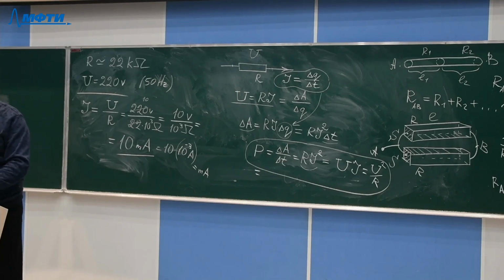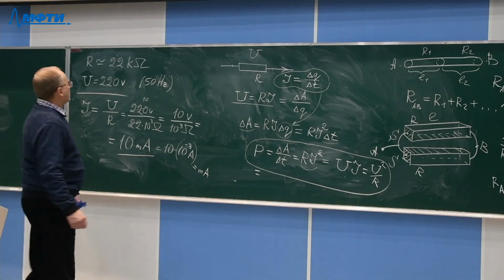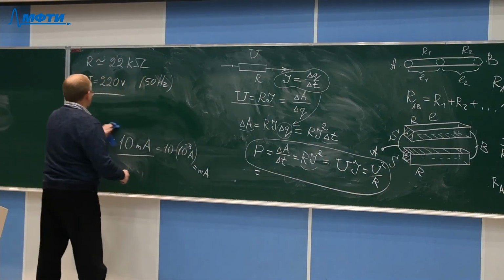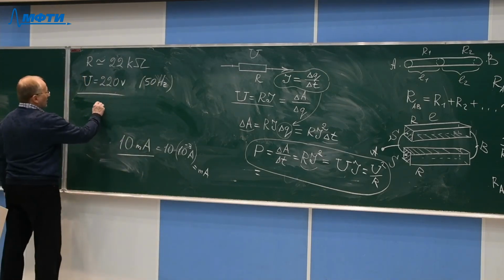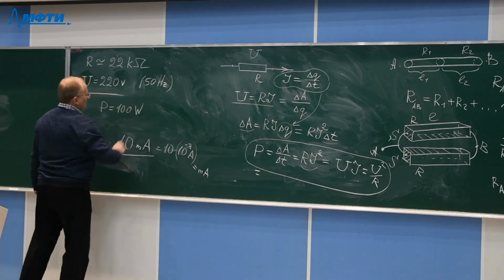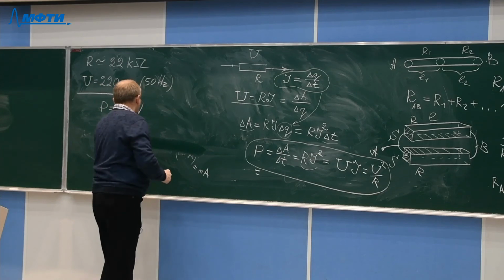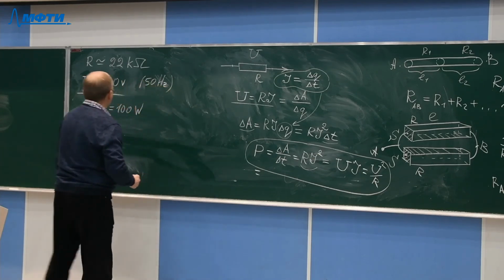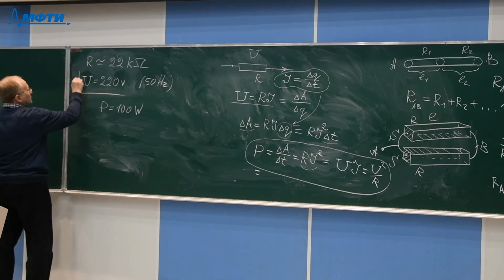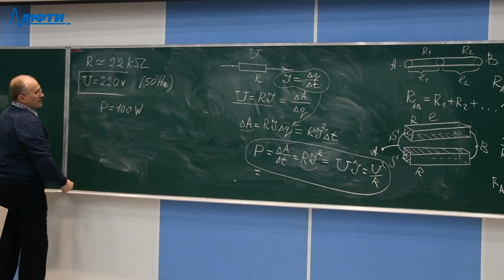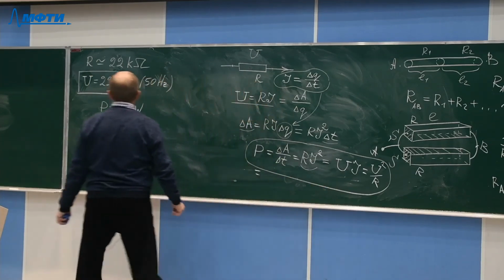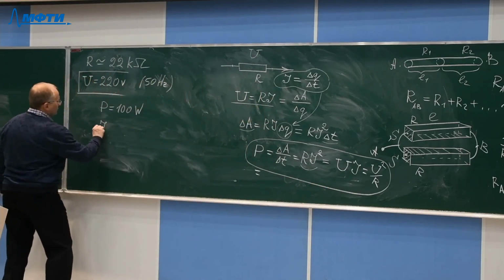For example, if you have an electric bulb of 100 watts, and this bulb is connected to the external voltage of 220 volts, then we can easily calculate what electric current will be flowing through this electric bulb.